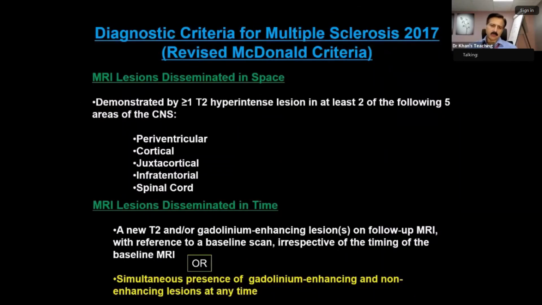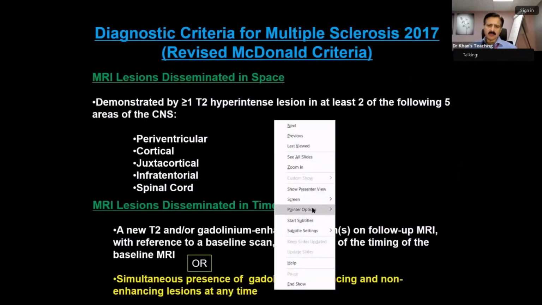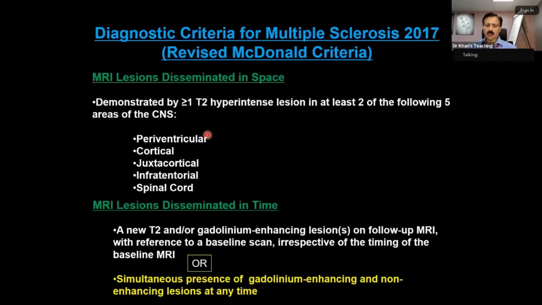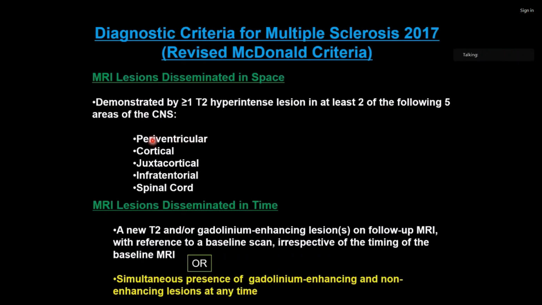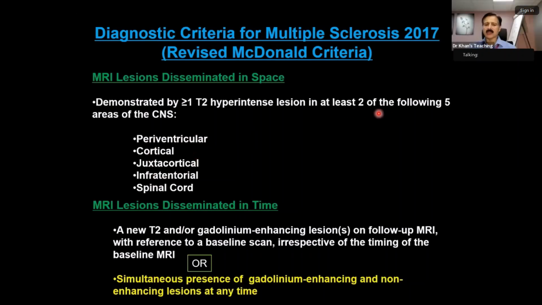Let me repeat what I've told you. The point is, what is the definition? At least 2 of the following 5. You don't have to have lesions in all of them. At least 2, and the criteria is met. Periventricular is one criteria, juxtacortical is one criteria.